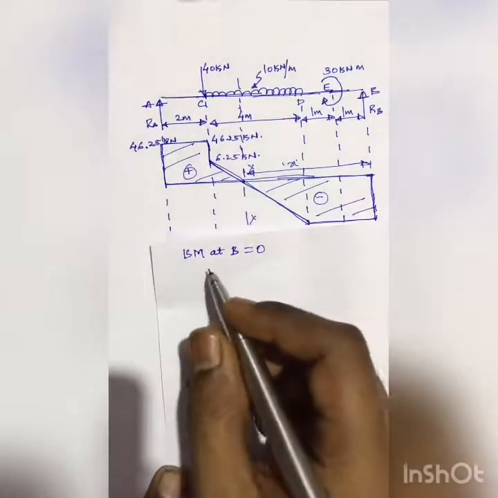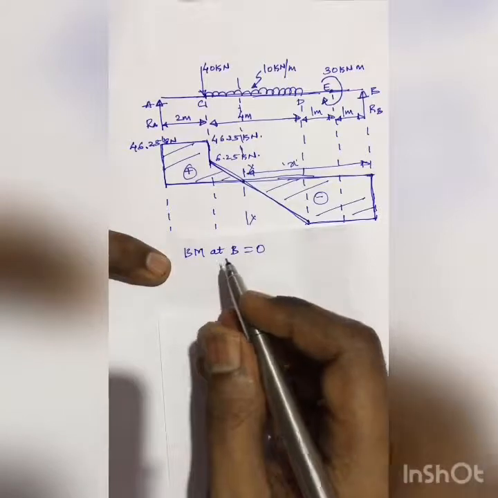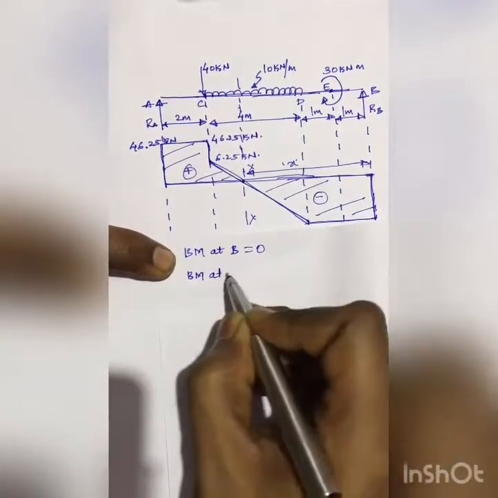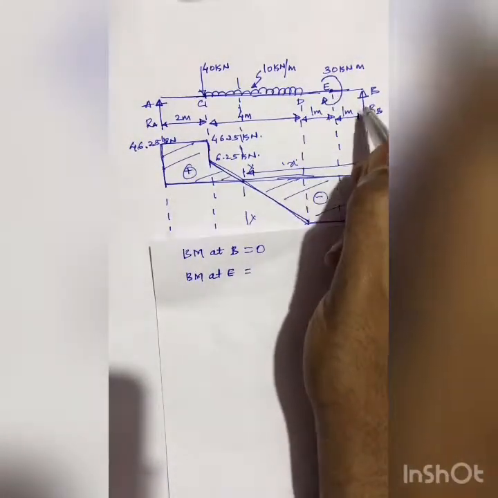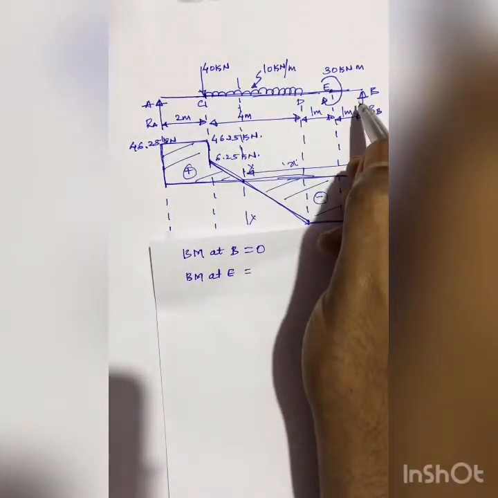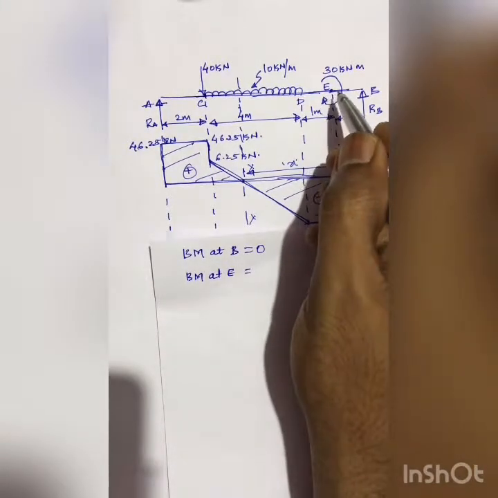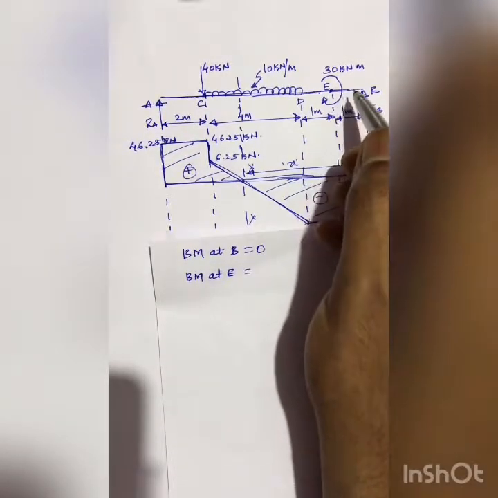Next, if we come at point E, that is bending moment at next point E, I have this direct couple as well as the bending moment due to this RB. But what I do at this point, I'll have to find out bending moment twice, once by neglecting this couple and second time by considering this couple.